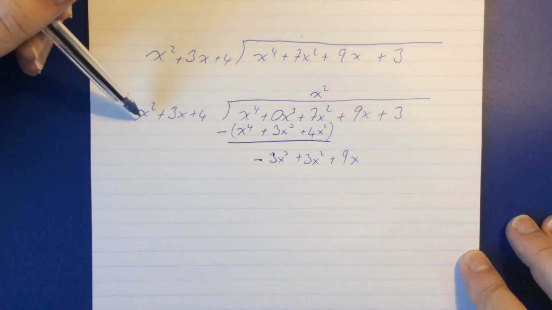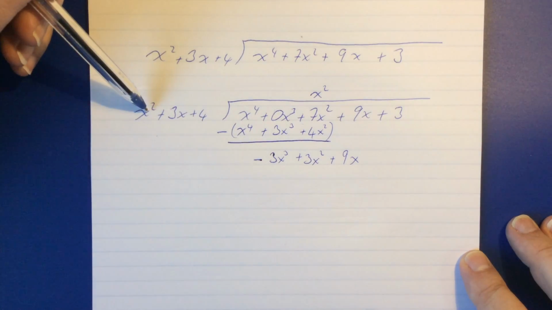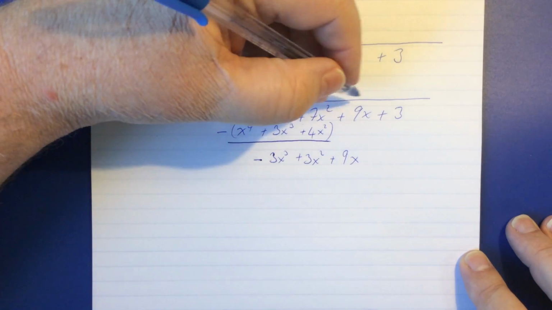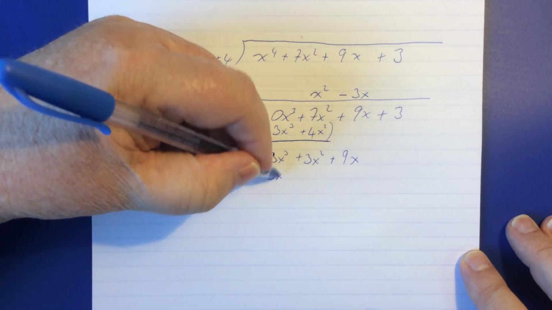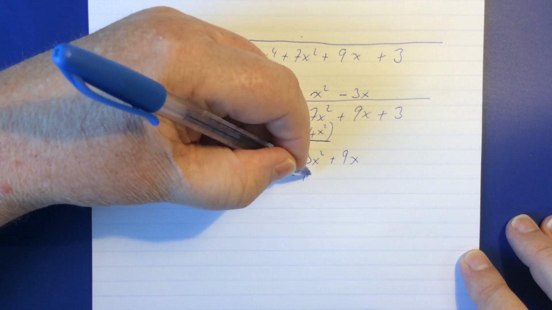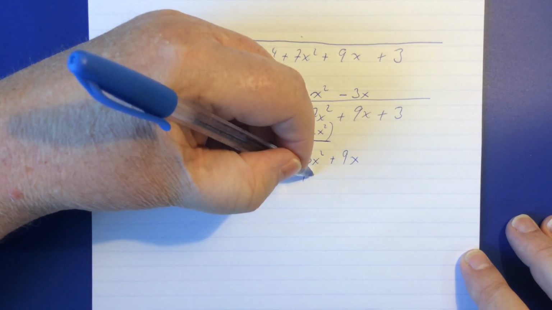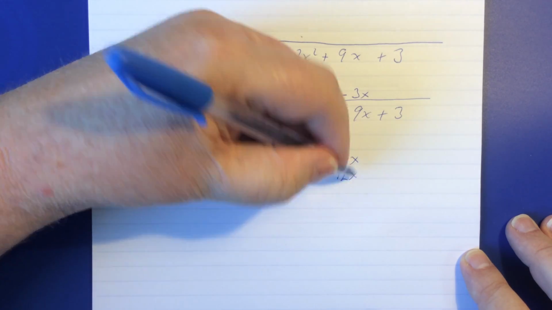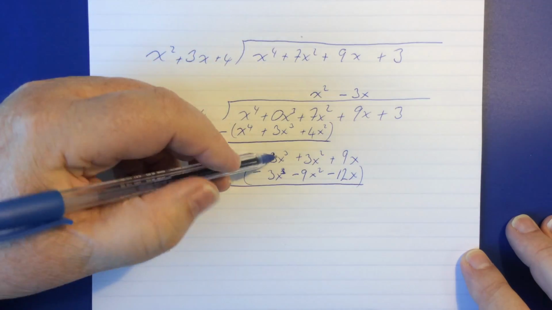Okay. What do I have to do to this to get this? So how do I transform x squared to negative 3x cubed? Well, I multiply it by negative 3x, and I get negative 3x cubed, minus 9x squared, minus 12x, and subtract as before.